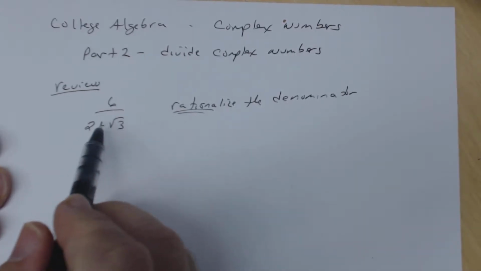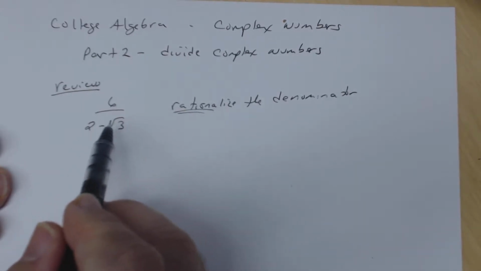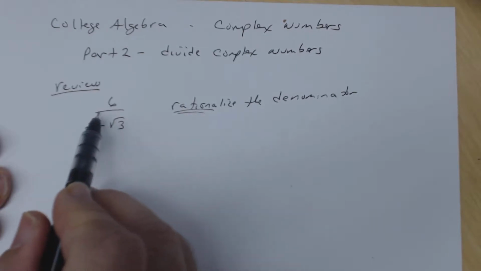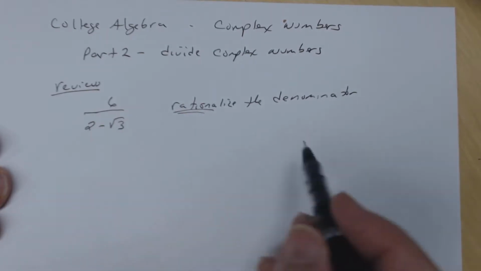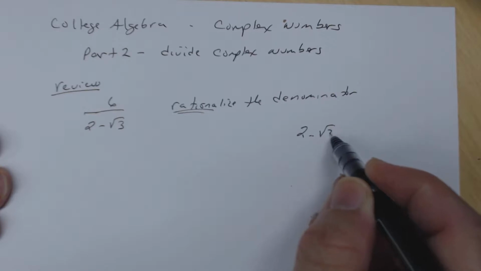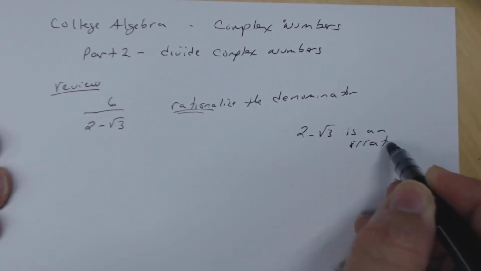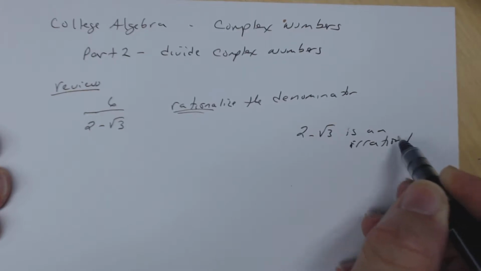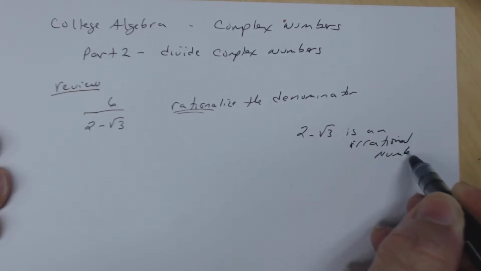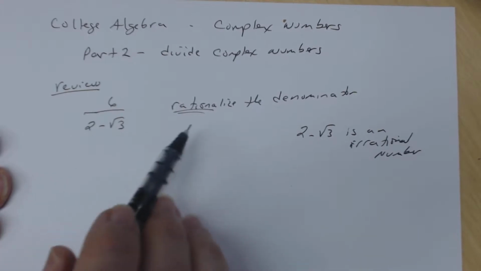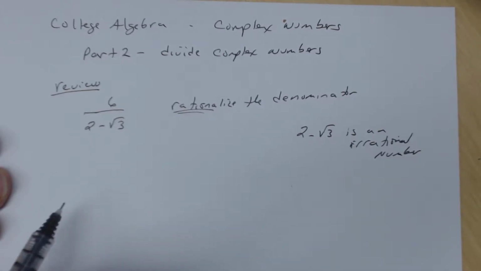The square root of 3 is an irrational number, so 2 minus the square root of 3 is also an irrational number. The goal was to make the denominator a rational number.